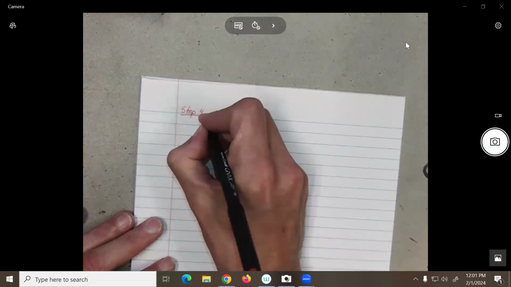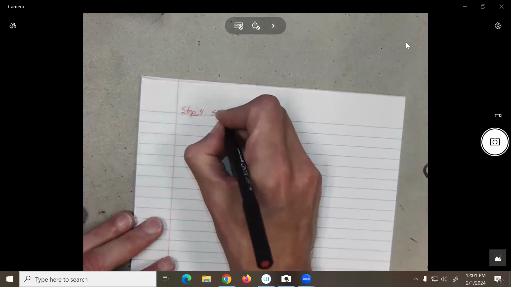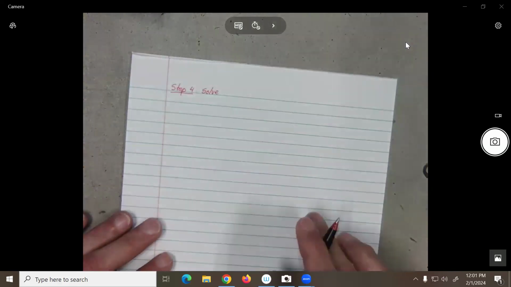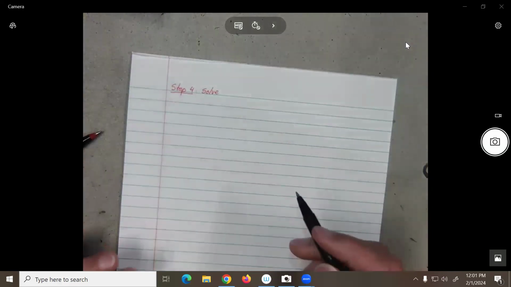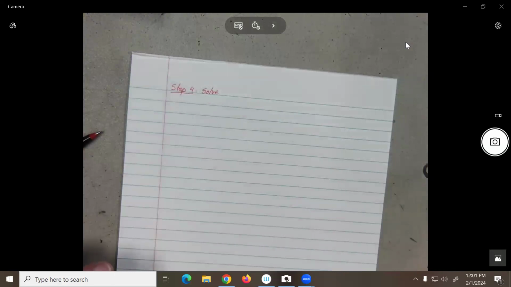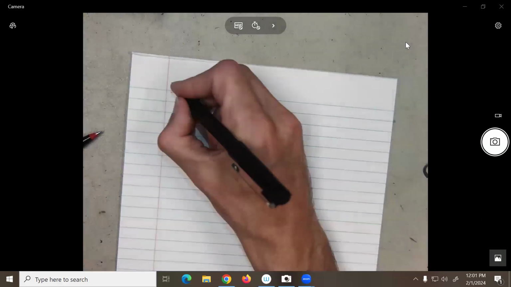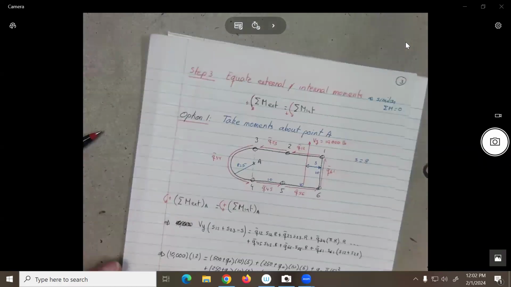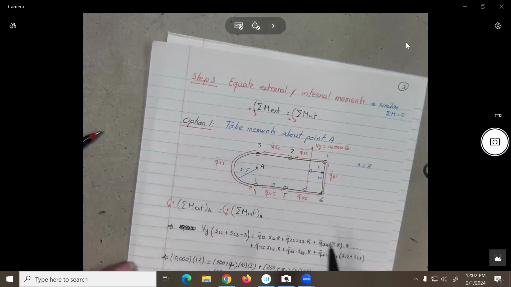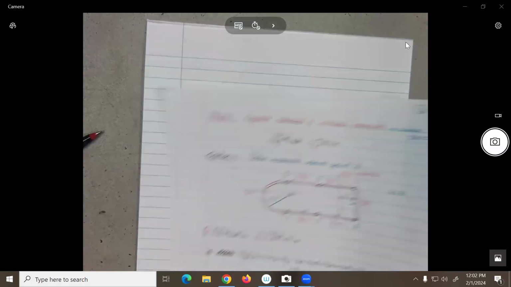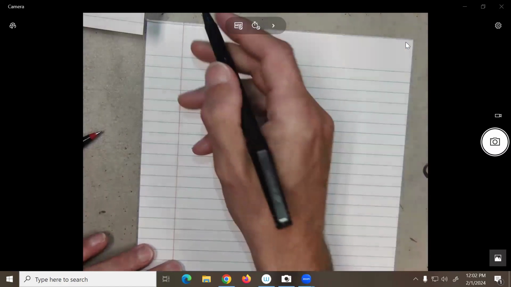Step 4, let's say solve. Okay, it's not that. Okay, before we do that, sorry for that. We did option 1. Always if I say option 1 there should be an option 2, no? So let's say an option 2 here.